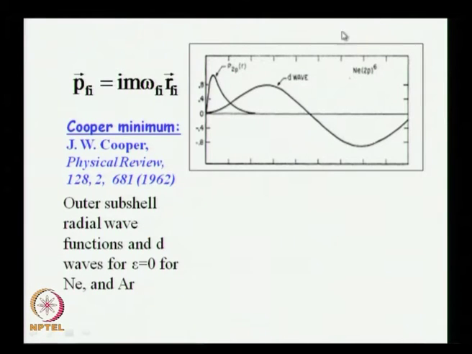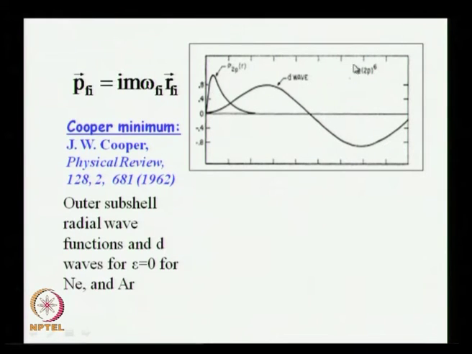If you look at photoionization of the neon atom, neon has 10 electrons, so you have 1s2, 2s2, 2p6. So, 2p is the outer shell of neon, and you consider the photoionization of the 2p electrons from the neon atom, which are being knocked out into the continuum by absorption of electromagnetic energy.